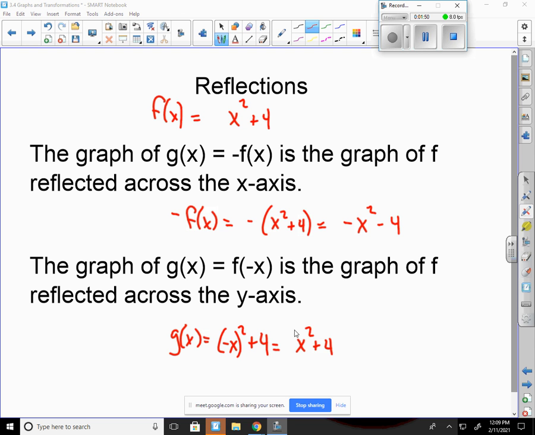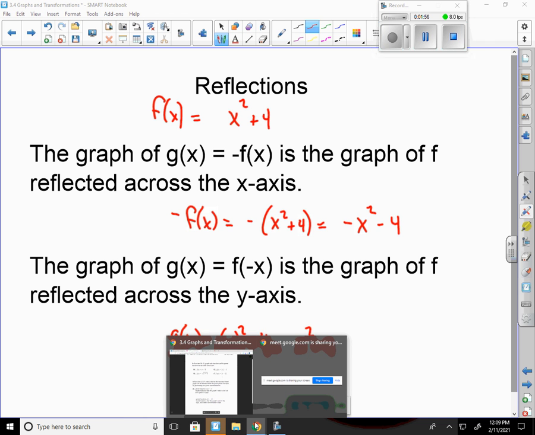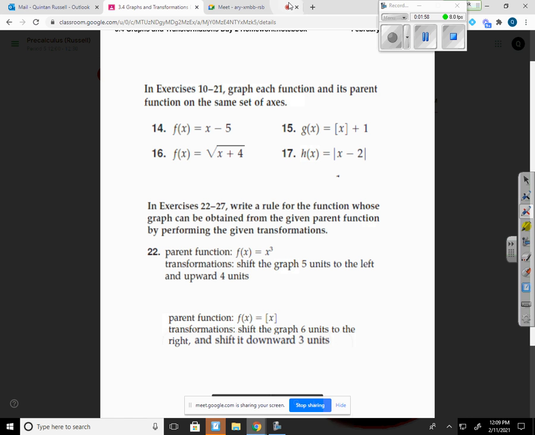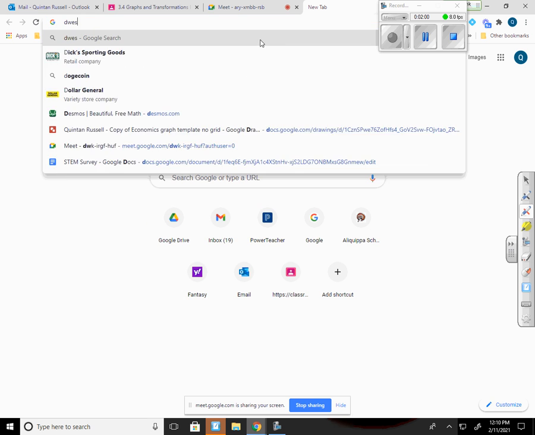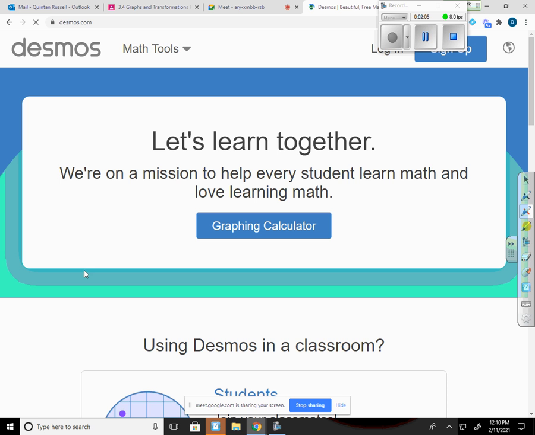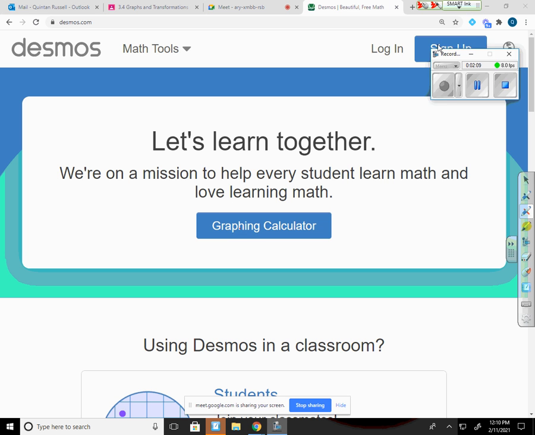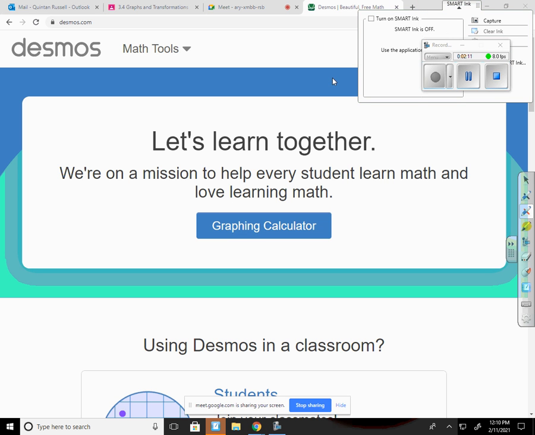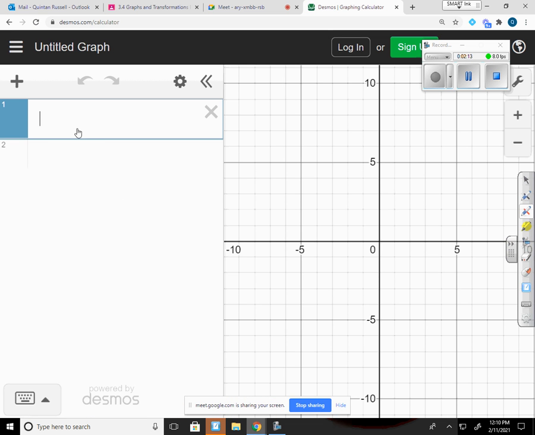The reflection of x squared plus 4 across the y-axis, if we think about what that means, is that I am doing my original x squared plus 4.